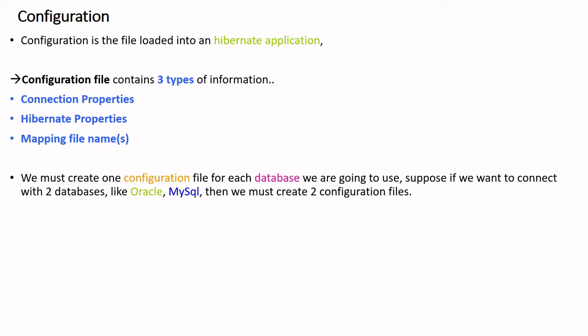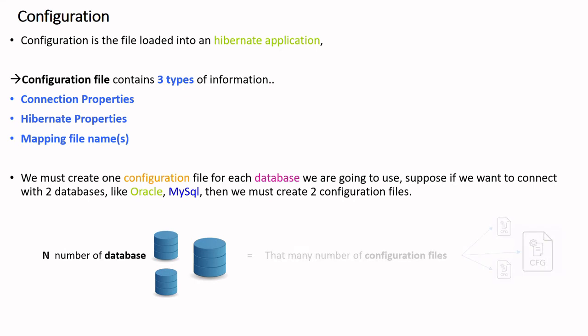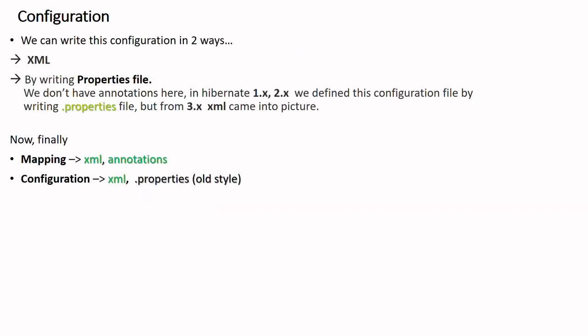Suppose we are using two databases like Oracle and MySQL, we must create two configuration files. If you are using four databases, then we need to create four configuration files. Like the example below: n number of databases, that many configuration files.